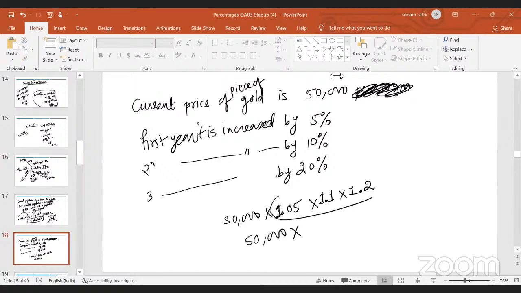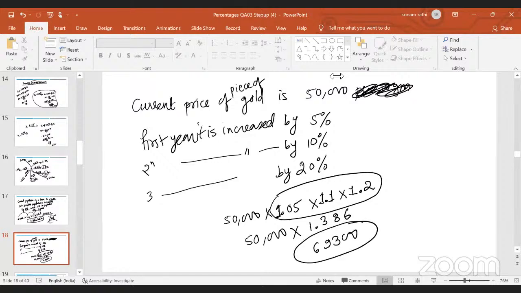69,300. I will multiply all these 3 together. So I'm getting 1.386. And now I will multiply it with 50,000. 69,300. Is it clear to everyone?